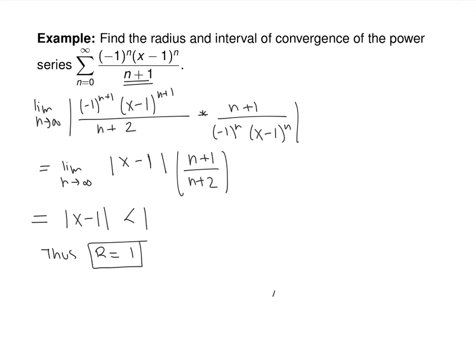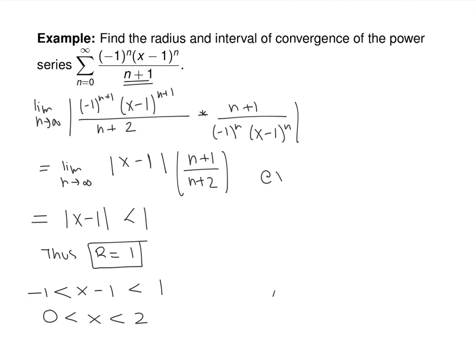Then to find the interval of convergence, we observe that negative 1 is less than x minus 1, which is less than 1, or 0 is less than x, which is less than 2. So we know that the series will converge as long as x is between 0 and 2. We just have to figure out what happens at 0 and at 2.